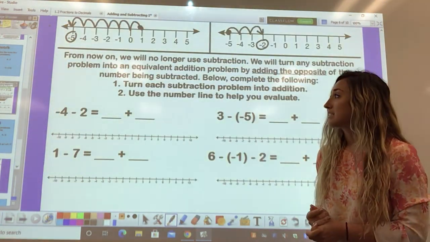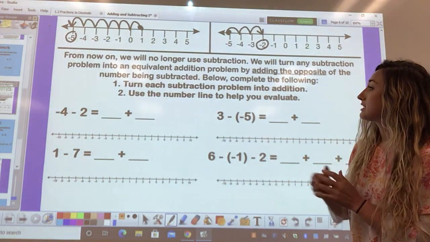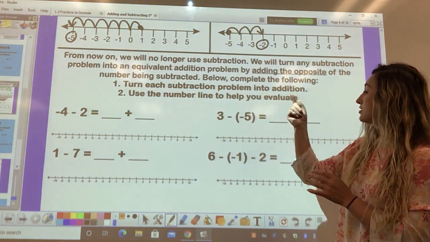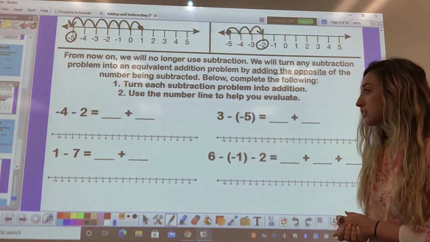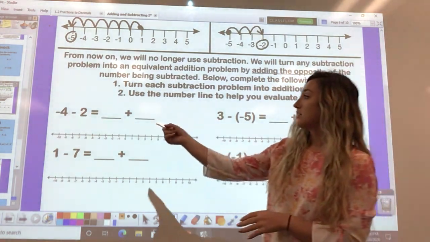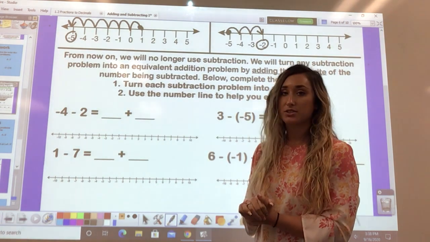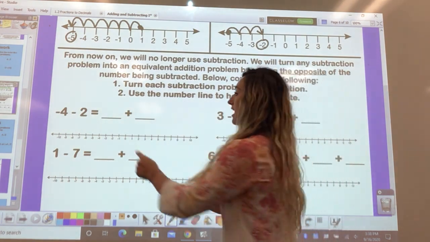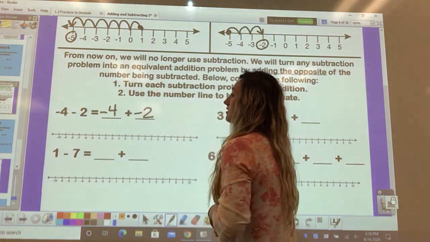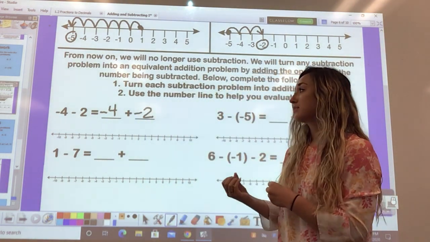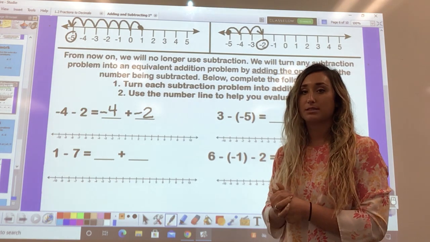So with that fact, we're going to do two things. We're going to take each subtraction problem and turn it into addition, and then we're going to solve using the number line. So here we have negative 4 minus 2. We could also write that as negative 4 plus negative 2. Instead of subtracting 2, it also can be written as plus negative 2.